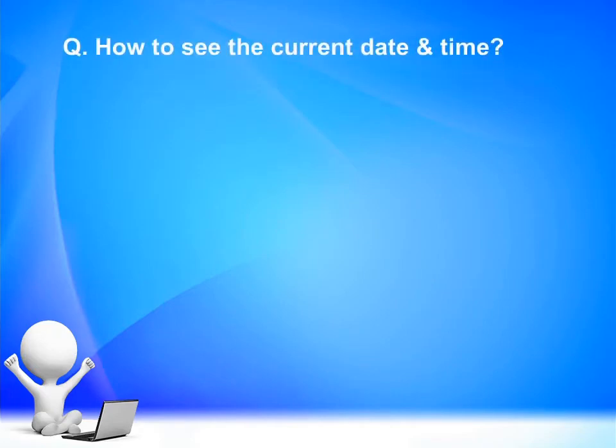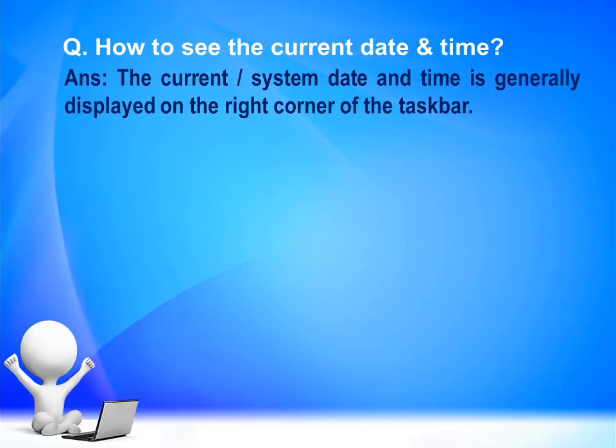Next question: how to see the current date and time? The current or system date and time is generally displayed on the right corner of the taskbar.